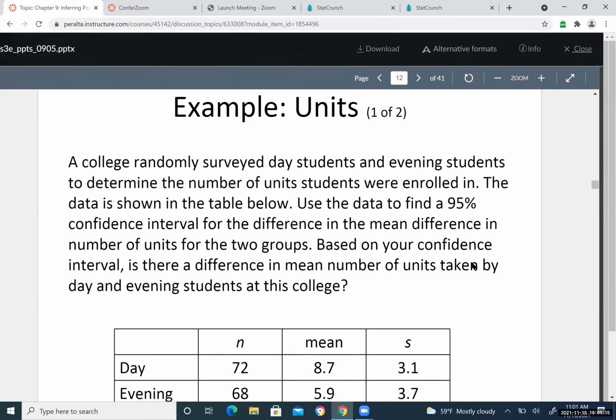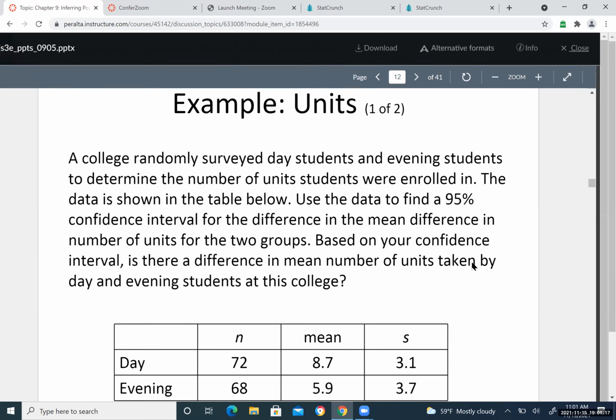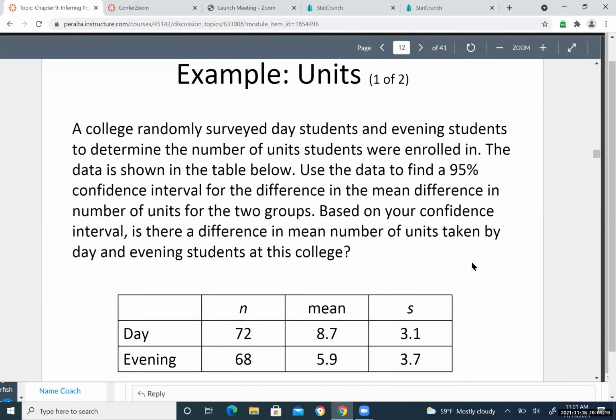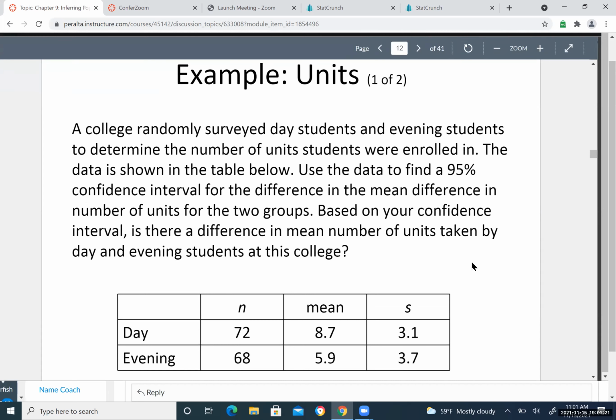So let's do the actual example to see what happens. When you do an actual example, it's easier to understand what's going on. This example is about units. A college randomly surveyed day students and evening students to determine the number of units students were enrolled in.